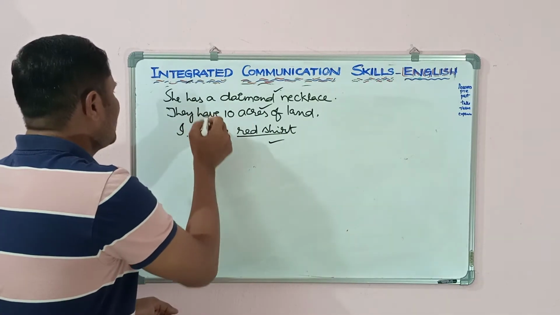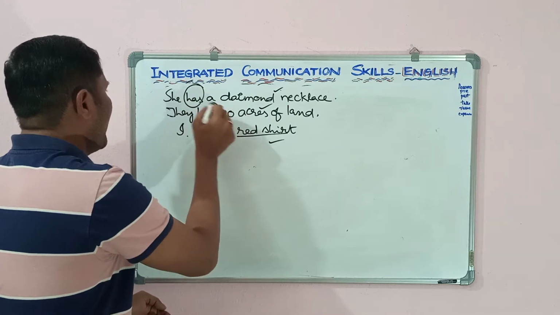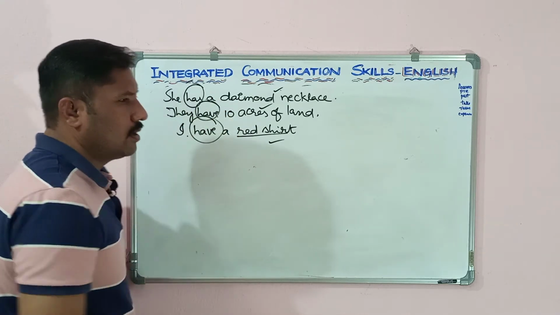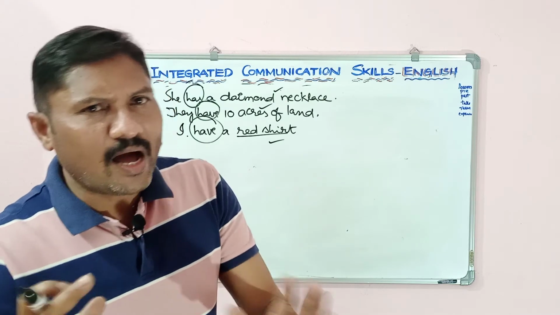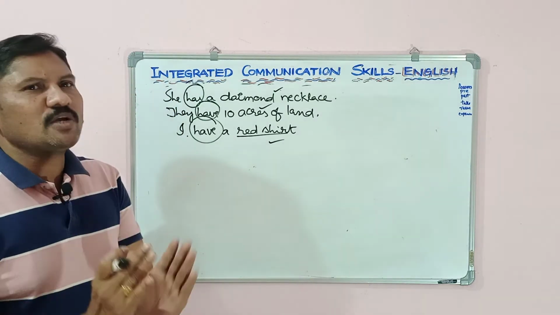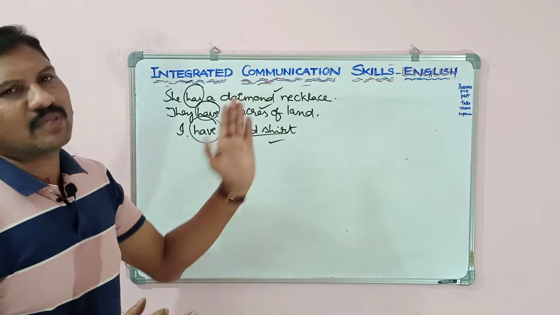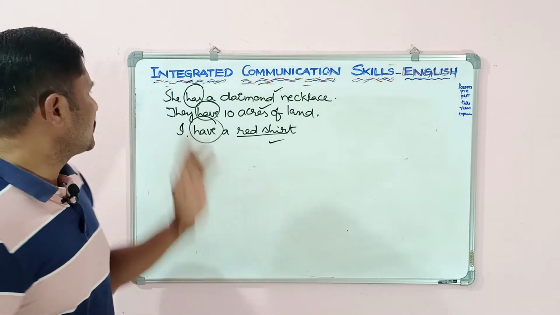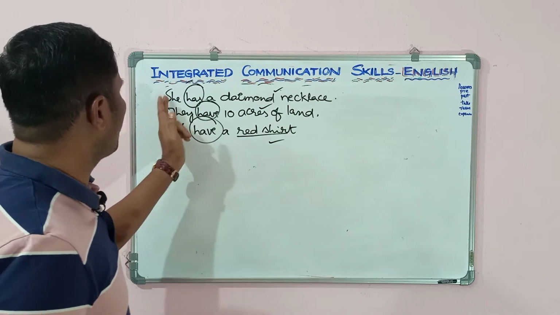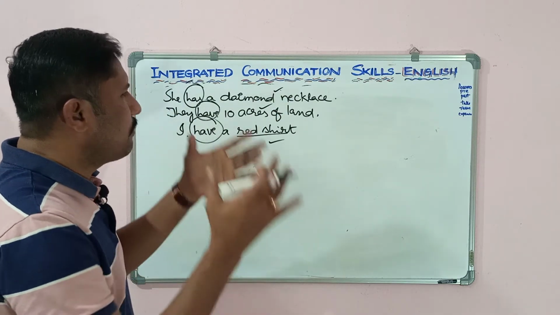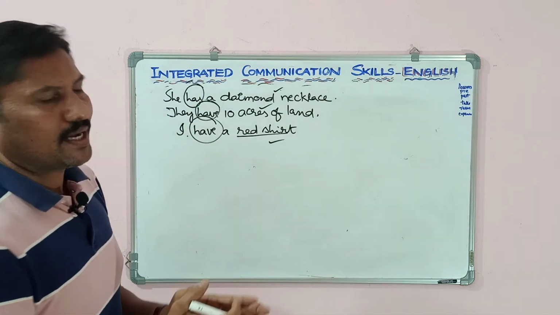So in these sentences, has and have intimate to us the ownership of something. She has a diamond necklace, that means she is the owner of the diamond necklace. She possesses a diamond necklace.